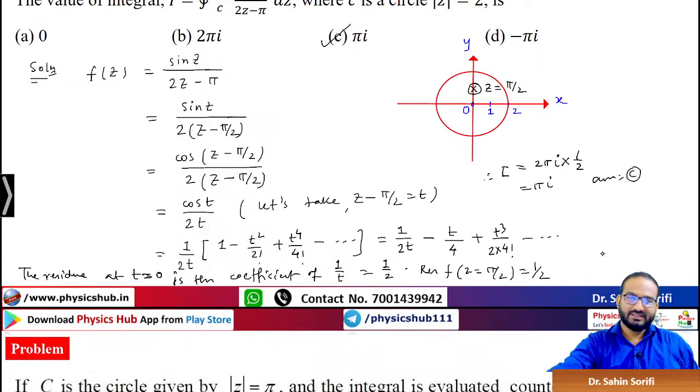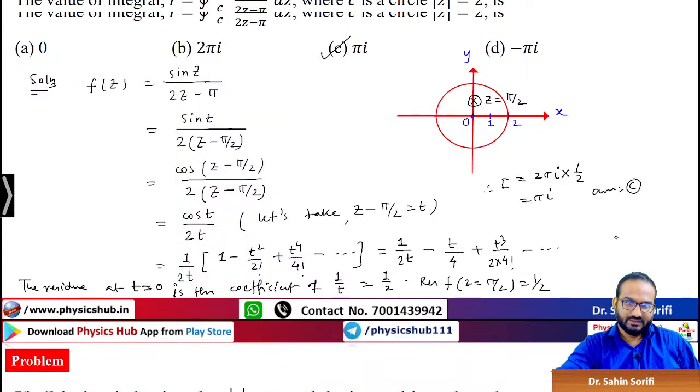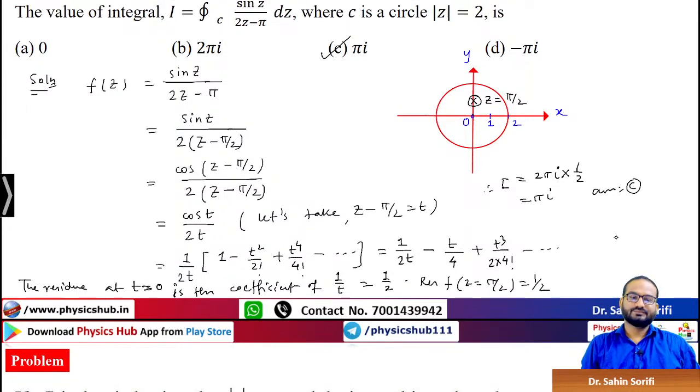Has anyone done this problem via the differential method? Did anyone try via the differential method? I think that will be easier. We can do it in a few steps.